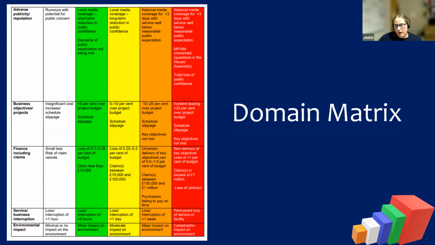So if a fire was to catch light in one of my majors areas, that may cause an interruption of more than a week, which is really disruptive, and that can have a significant consequence. And obviously we also need to consider environmental impacts as well. So we're talking about consequences here. So what is the consequence that has occurred from that identified risk?